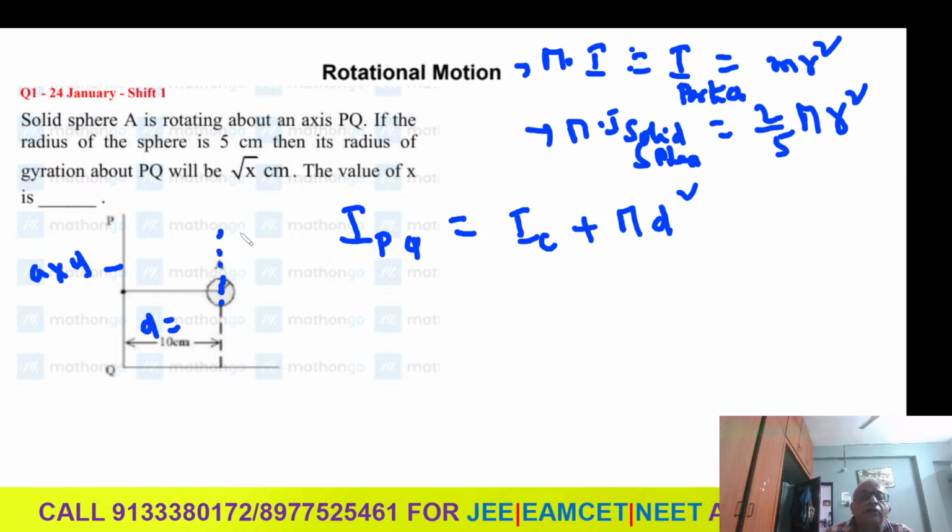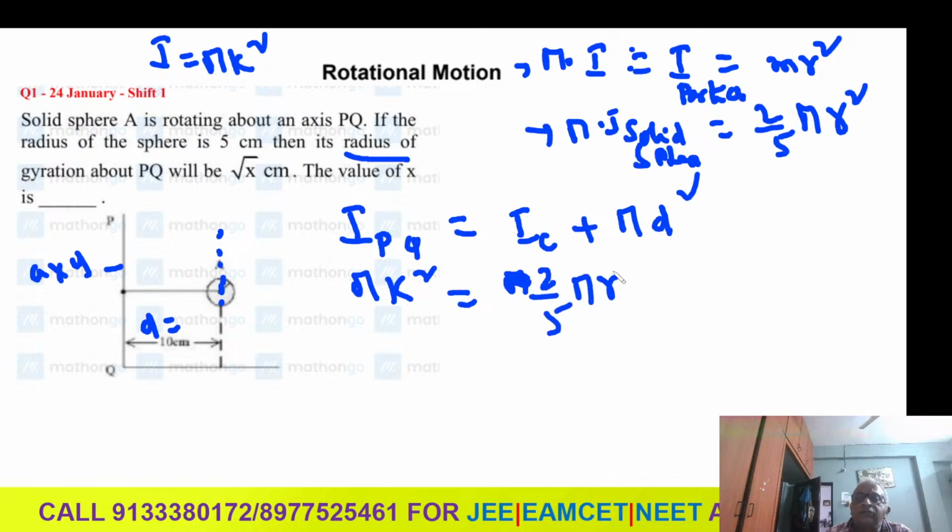He is asking about radius of gyration. The general formula for I is mk square, where k is called radius of gyration. IC for a solid sphere is 2 by 5 mr square, so I PQ is 2 by 5 mr square plus md square.